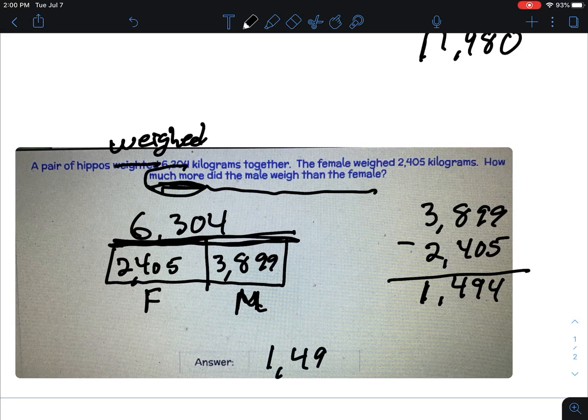All right. So the answer is the difference between the male and the female is 1,494, and we want to label it kilograms. Okay. So again, you may want to rewatch this video while you're trying to do your practice work if you have any trouble. And if you still struggle through it, don't worry.